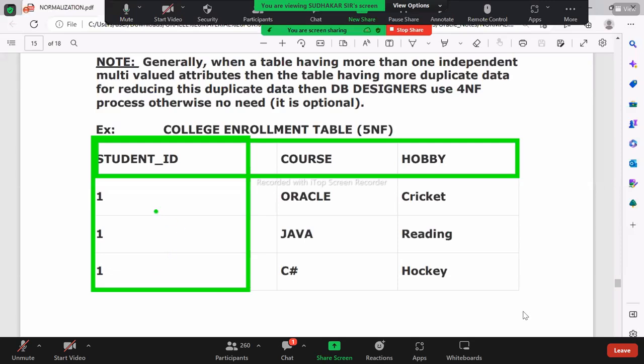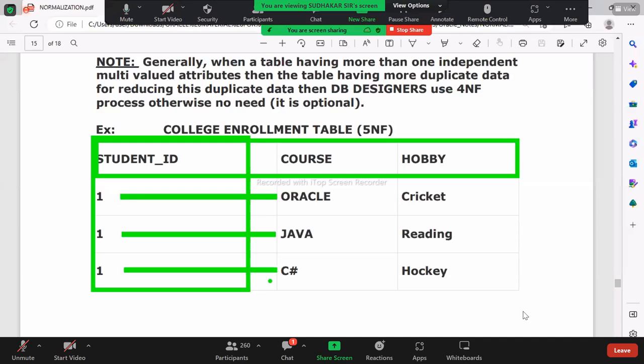Here we will be comparing: one Oracle, one Java, one C#. Now tell me, are these the same values or different values? Different values.